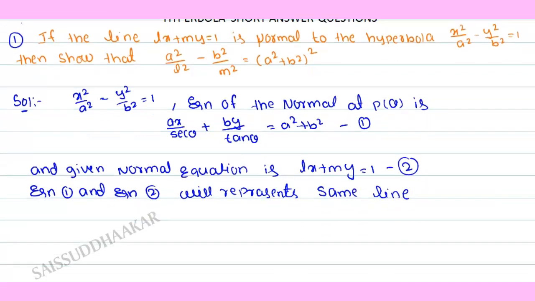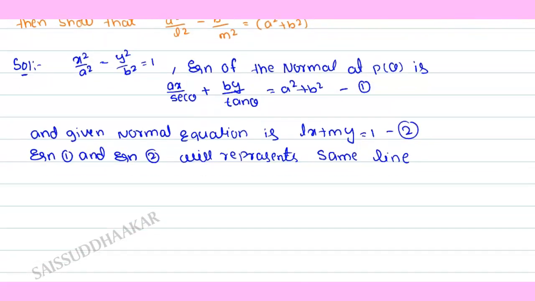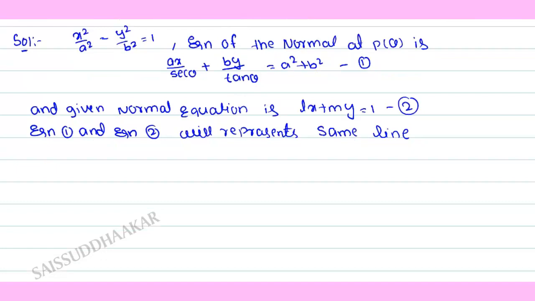If two lines represent the same line, the condition is a1/a2 = b1/b2 = c1/c2. Here I am taking the x coefficient: a/secant theta in the first line, and L in the second line. The y coefficient is b/tan theta in the first line, and m in the second.